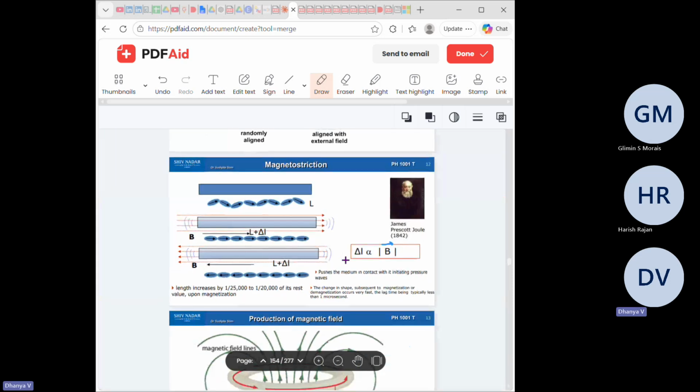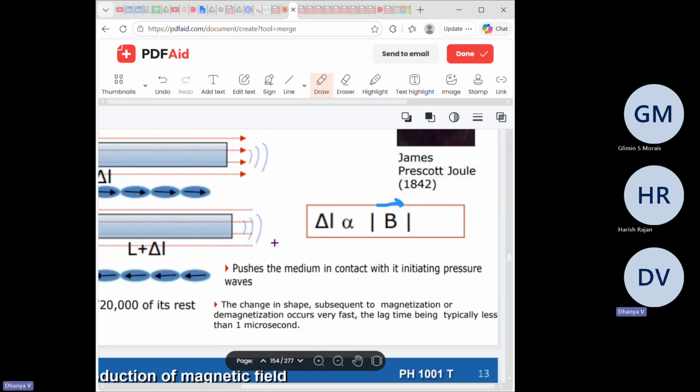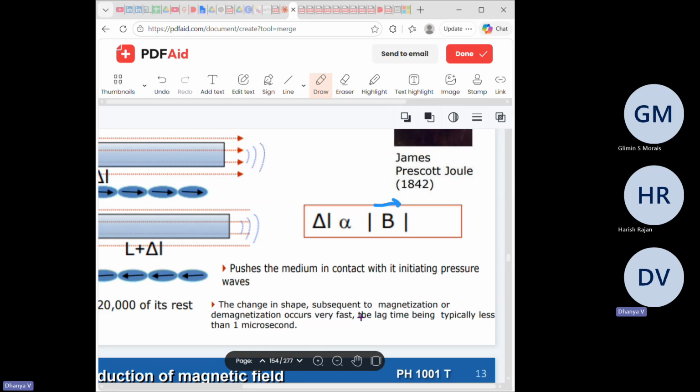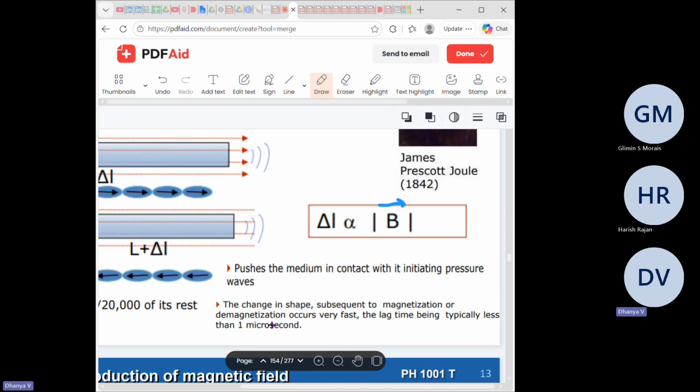It pushes the medium in contact with it, creating pressure. As this elongates, there is some amount of pressure that's created. The change in shape subsequent to magnetization or demagnetization occurs very fast, the lag time being less than 1 microsecond.